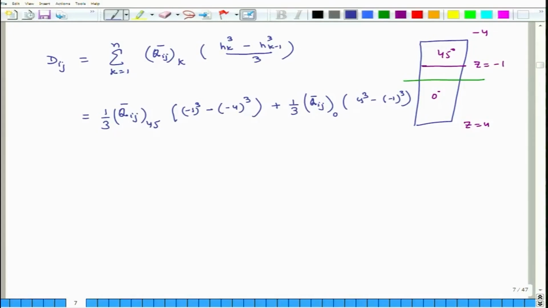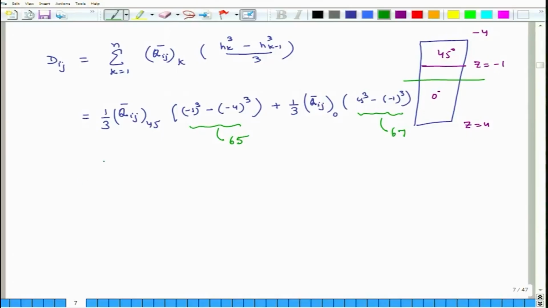Okay. So, what is this? This is 64 plus 1. This is 65, and then you divide it by a factor of 3.